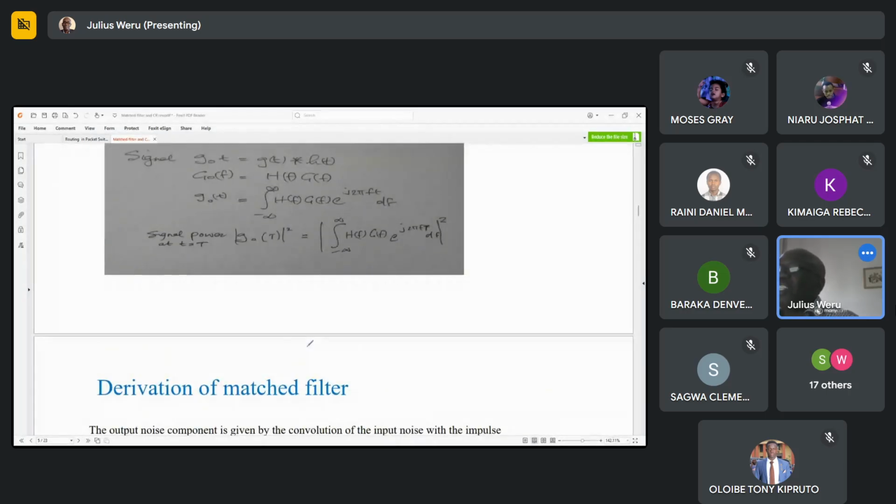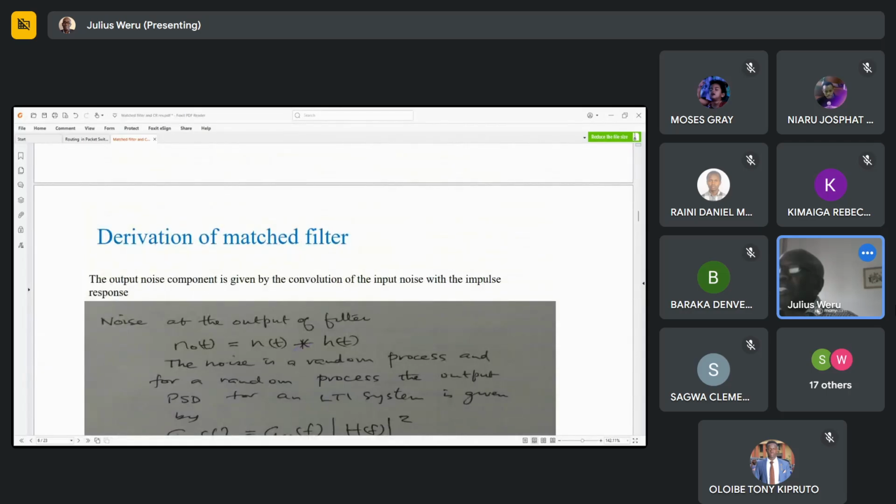So what we want is to get the noise power. The output noise component is given by the convolution of the input noise with the impulse response. So n0(t) is equal to n(t) convolved with h(t), which is the impulse response.